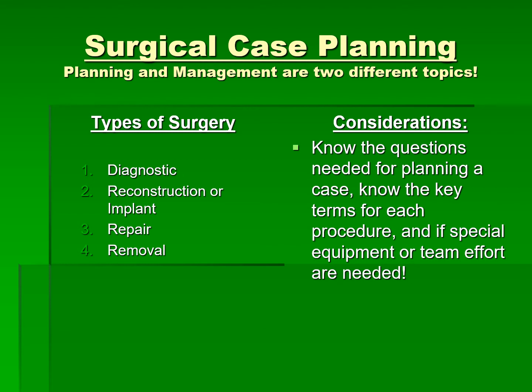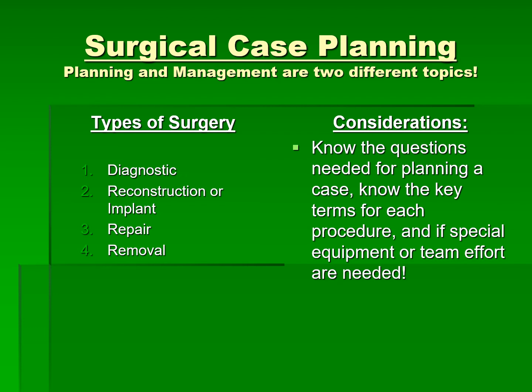And how will it be held in place? Do we need special sutures? Are we going to need screws or plates or some sort of glue or cement? Will we need x-ray or some sort of fluoroscopy in the operating room? And, you know, is there a possibility of excessive blood loss associated with that?